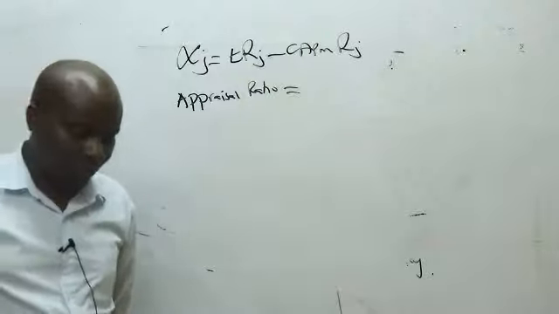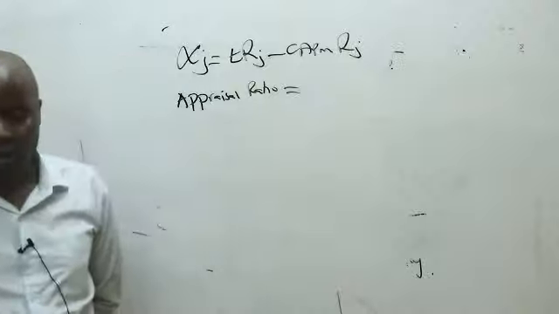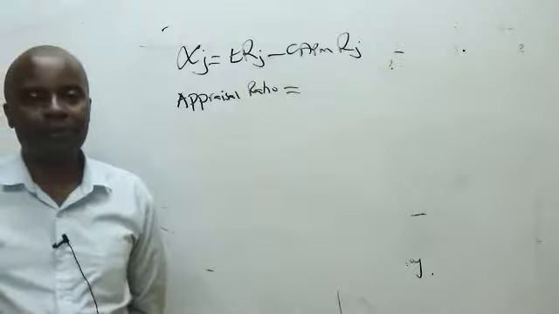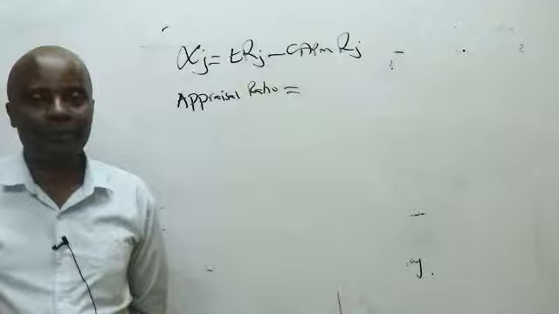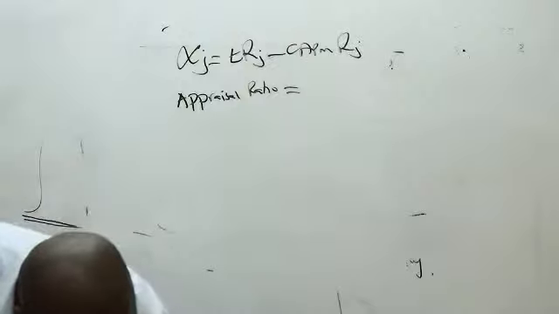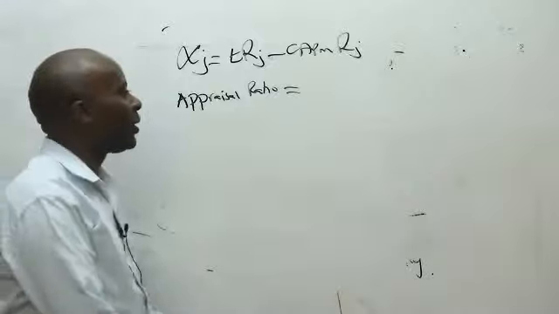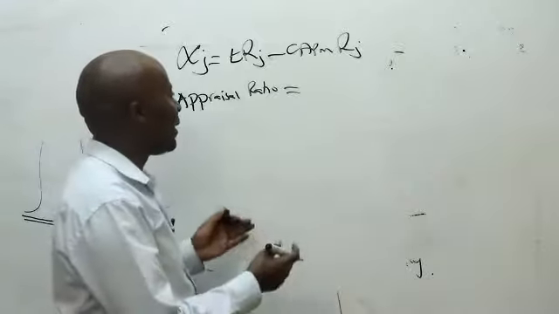It's the easiest. Appraisal ratio formula equals what? Alpha all over systematic risk. Thank you very much.